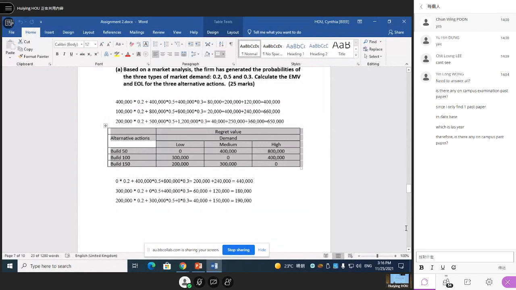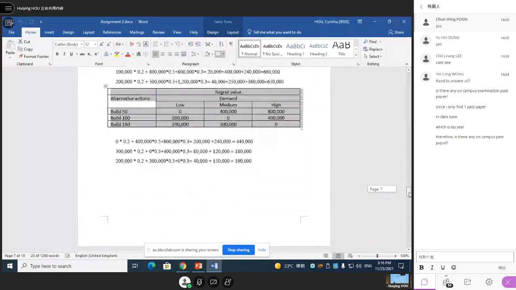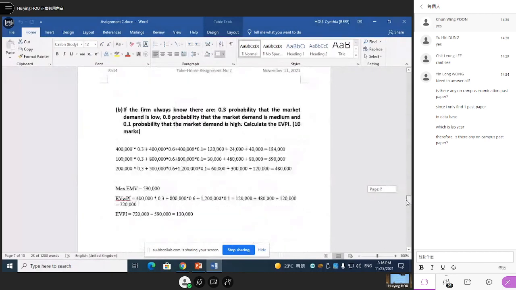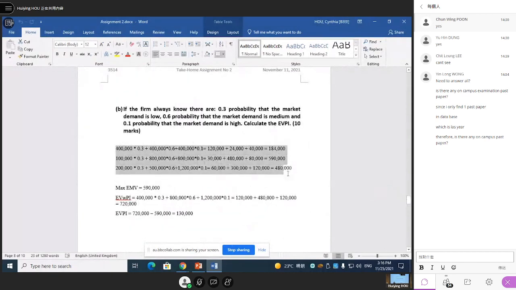But for the second question, students missed this part. Here, it means that the firm always knows the probability. The probability numbers are not given by a third party or obtained from a report. The firm knows them well. So for the EMV, you need to use this series of probabilities to calculate EMV.